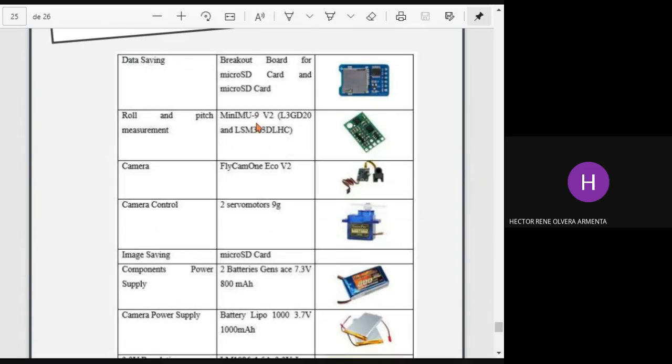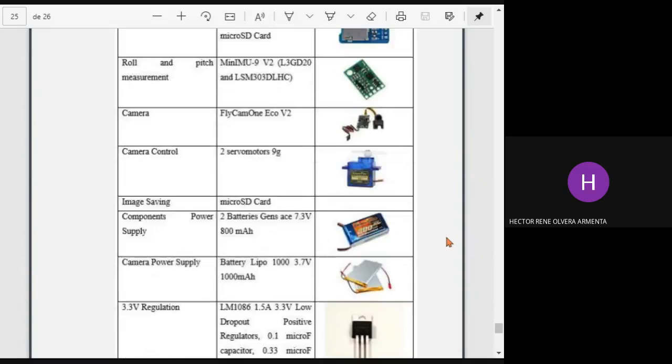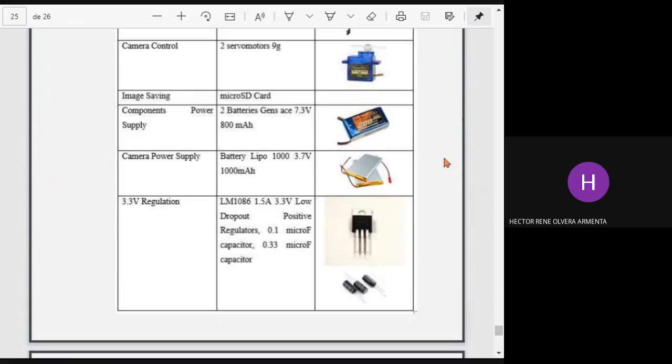The MIMU 9B2 for the roll and pitch measurement. Our camera, another servo motors for our camera control, and the batteries for the components power and the camera power. And here we have a regulation for the voltage.